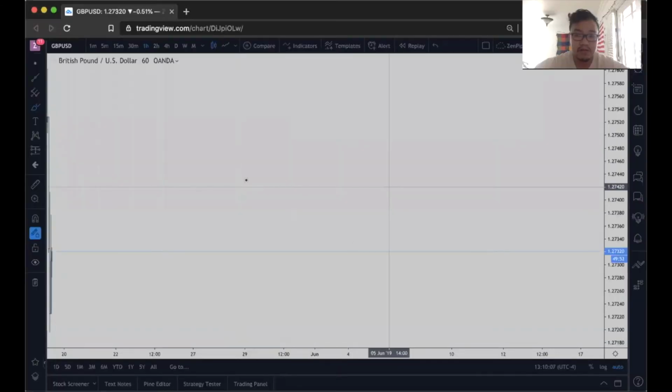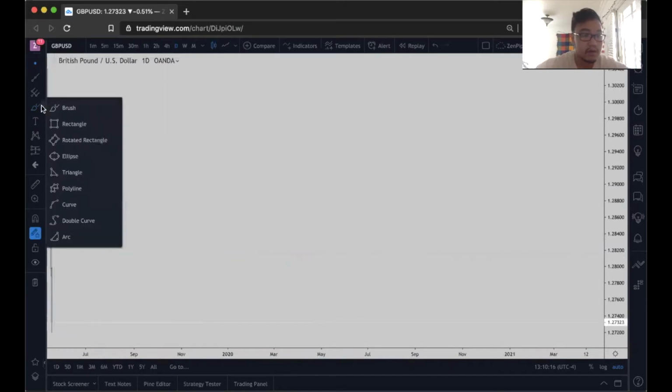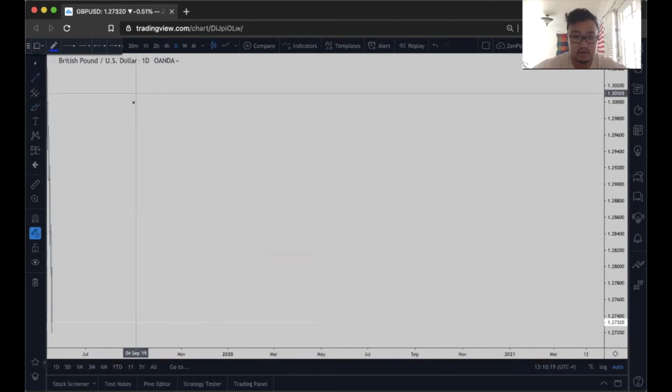So I have a blank screen right here. This is GBP USD on the hourly, but I need this because I'm going to show you really quick what you want to look at when you're looking at market structure. So we have a low, we have a high. A low, a high creates a higher low. Let's say the market comes out like this.